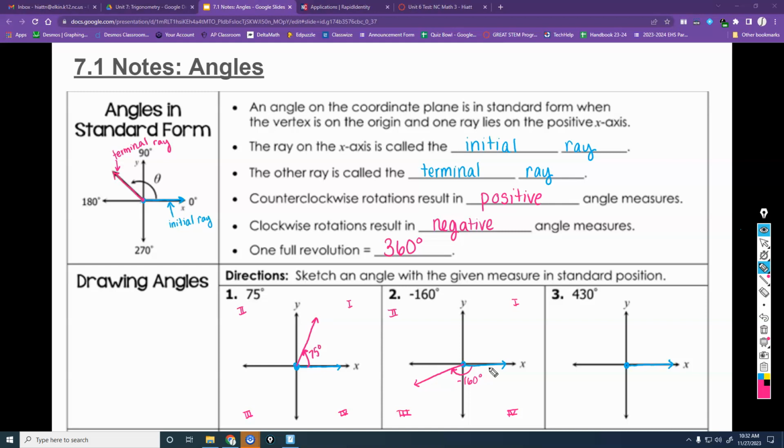If they spin around twice, it'd be a 720, right? Because they have spun around 360 once and then 360 again. So if we add 360 plus 360, we'd get 720 for that.